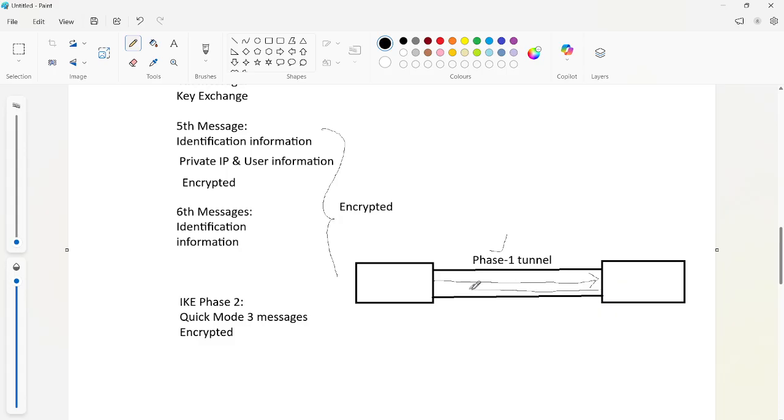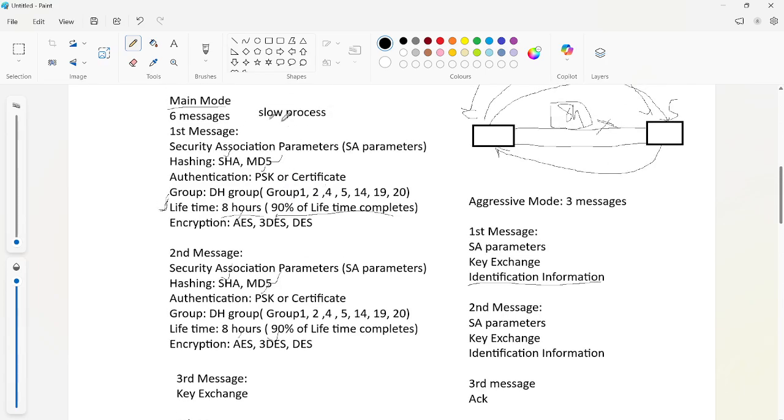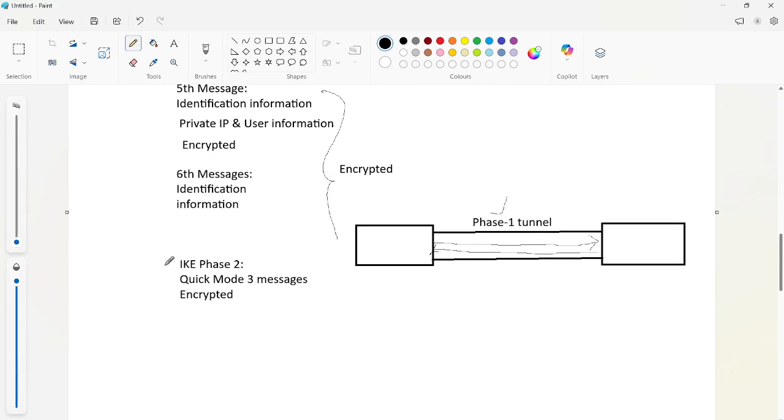That is the reason whenever we capture the information, you can see the phase 1 information, but you cannot see this phase 2 information. Why? Because we are exchanging the information inside the phase 1 tunnel. This phase 1 tunnel is used to exchange the phase 2 information.